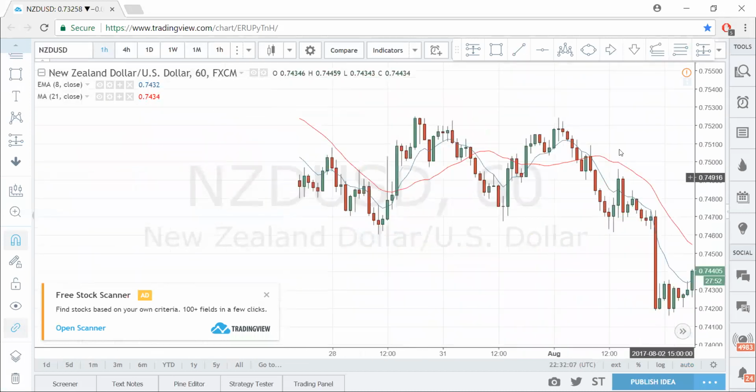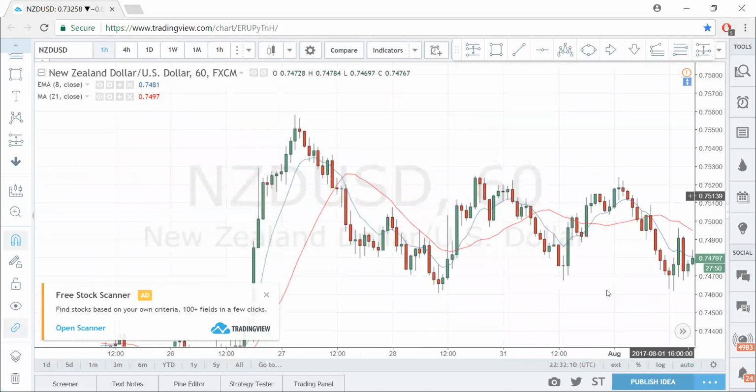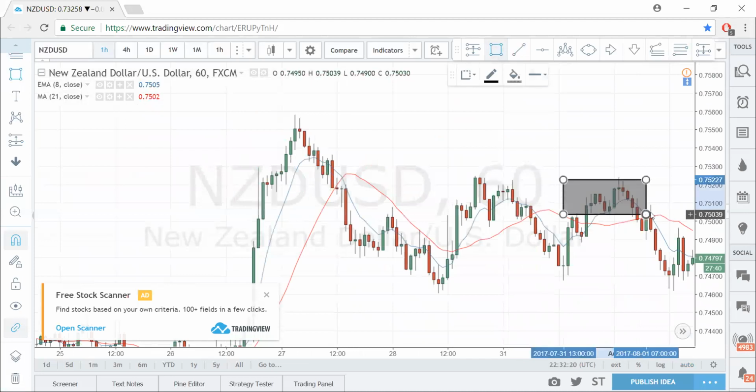So let's say you noticed the price was going down after this consolidation here, right? Let me indicate the consolidation here. Market was consolidating here. Look at it carefully.